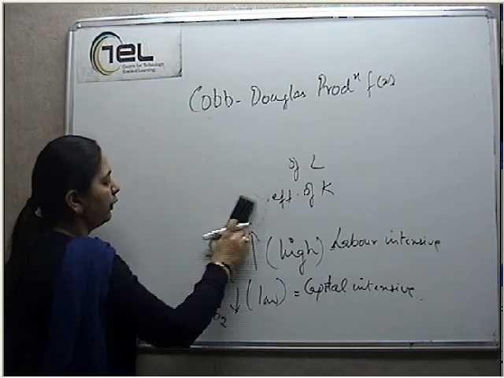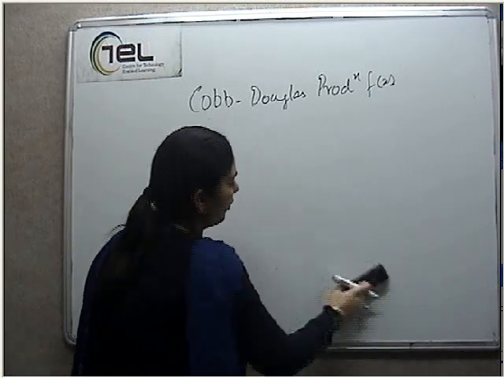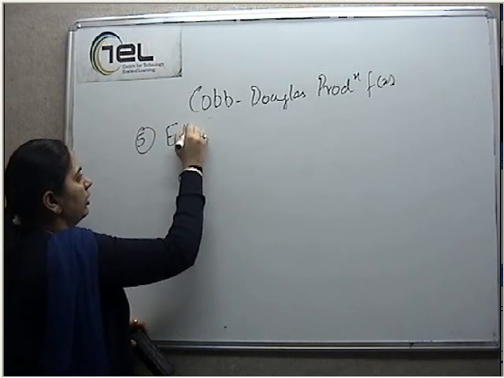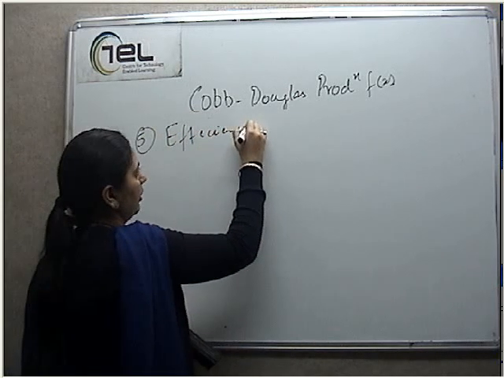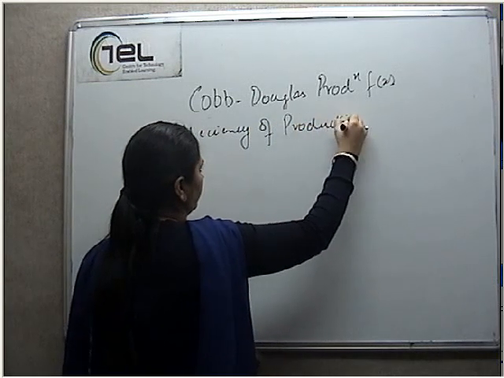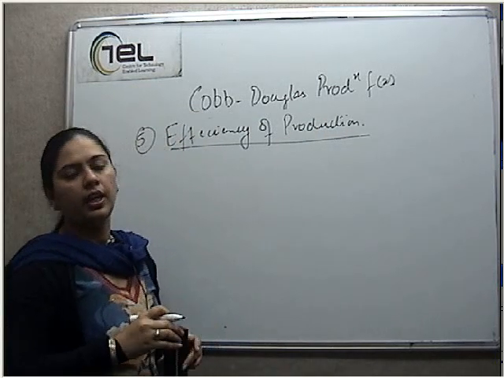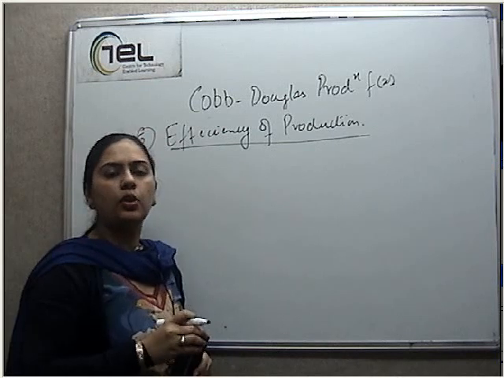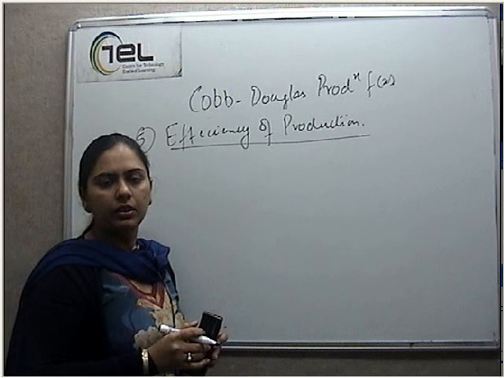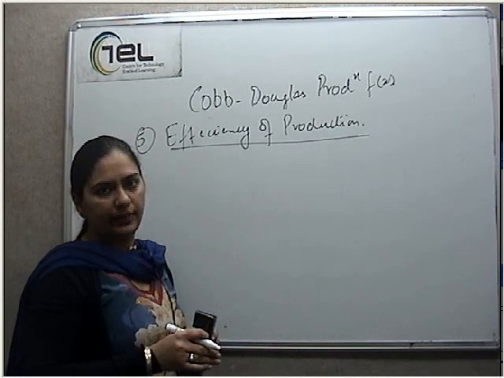Now let's go on to the fifth property. The fifth property talks about the efficiency of production. When I say efficiency of production, I am trying to give an example where two firms go for production with an equal amount of raw material, an equal number of labor, and exactly the same quantity of capital.